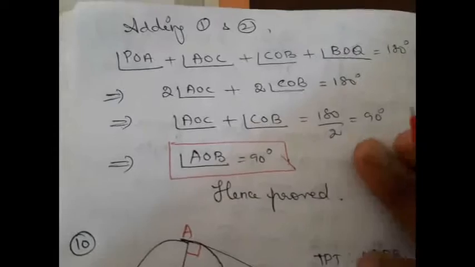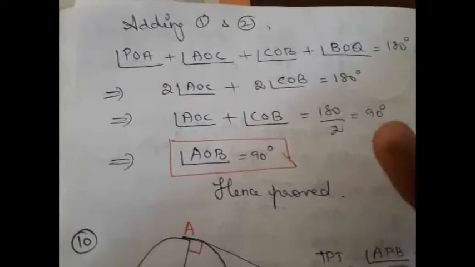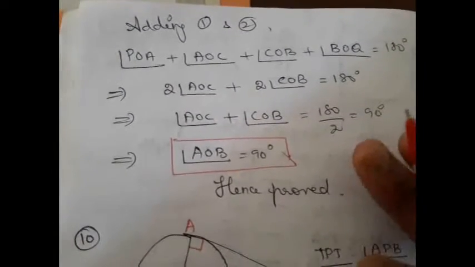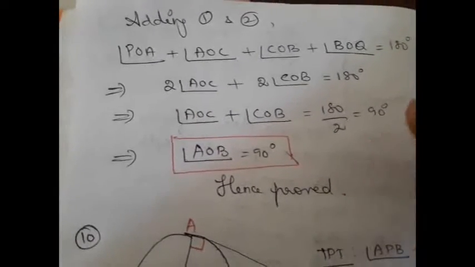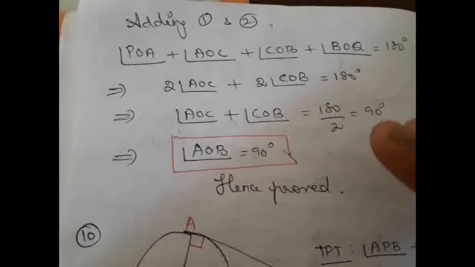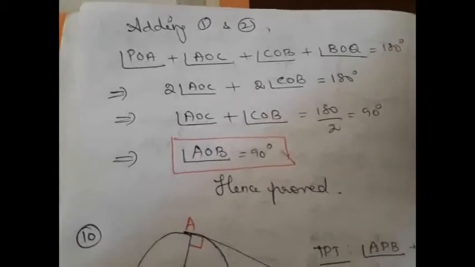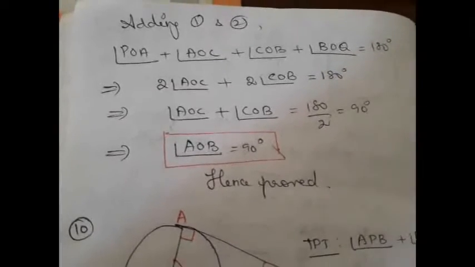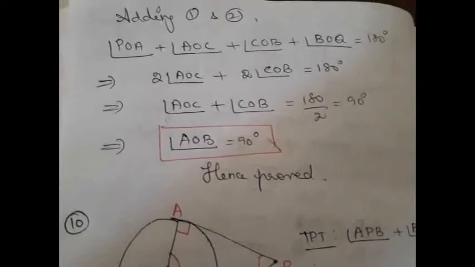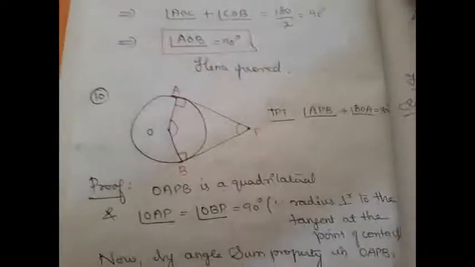That's what we needed to prove here. So we proved the congruency of those two triangles in order to show that OA bisects that angle, and similarly that OB bisects. Then we used the angle on a straight line property. Hope you understood. Let us move on to the 10th question.